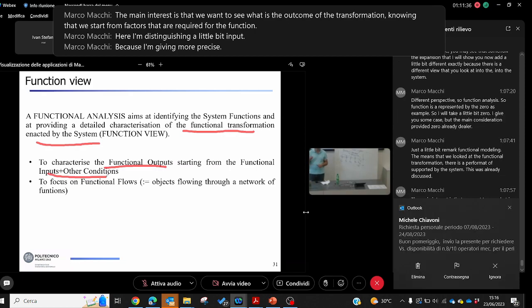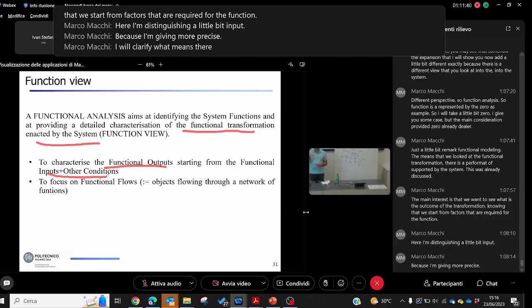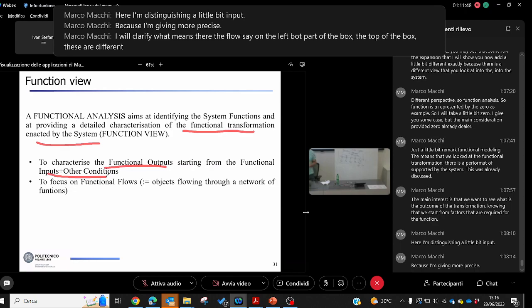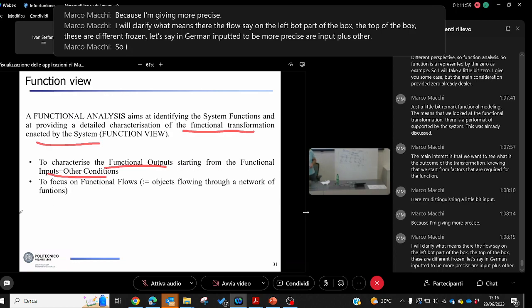I will clarify what the flow means on the left part of the box, the flow from the top, the flow from the bottom. These are different flows. In general, inputs, to be more precise, are input plus other kinds of flows. So I will be more precise in this.